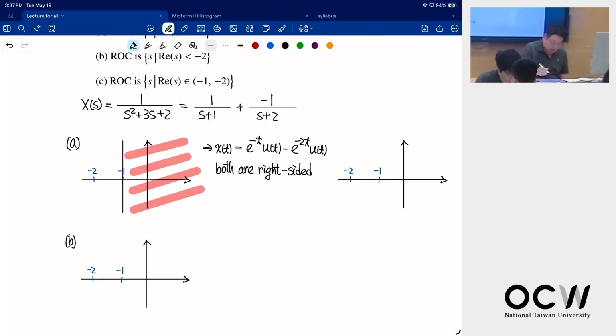The second one, this should be less than minus 2. So it's in this region. Can you figure out what is the signal?